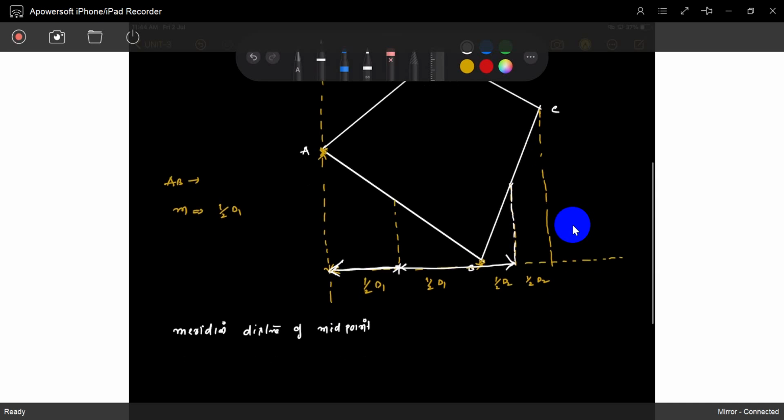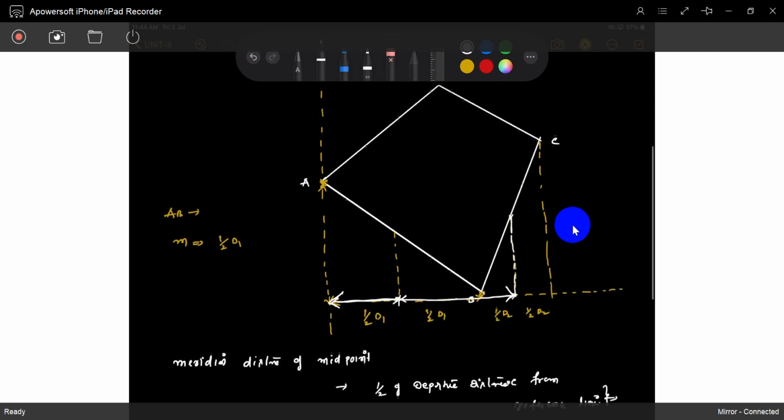Some definitions are mentioned, but it's not a good shape. So the meridian distance of the midpoint, he said like this, but no need. Half of the departure distance from the reference line. So that is the meridian distance.